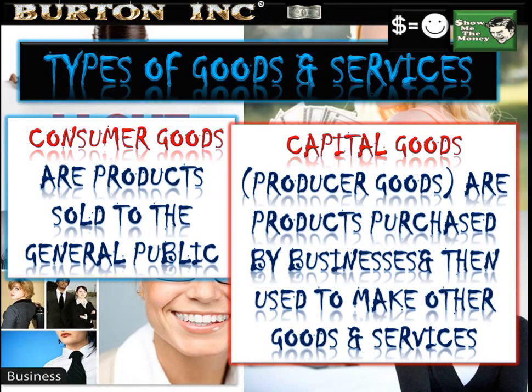So goods that are purchased by businesses and then used to make other goods or services. Consumer goods are what we are definitely most familiar with. These are the goods that we see every day in the shops, supermarkets, on the internet around us. Capital goods, the goods we are probably less aware of. These are goods that you'll find within businesses, and they are being used to make other goods.